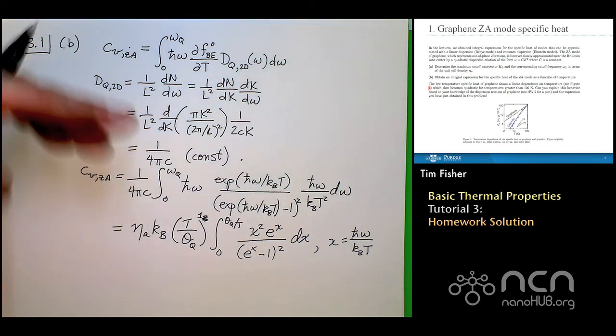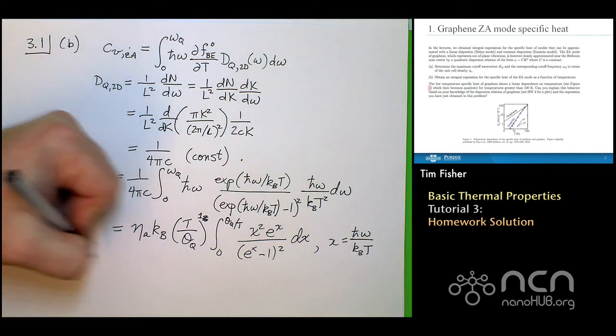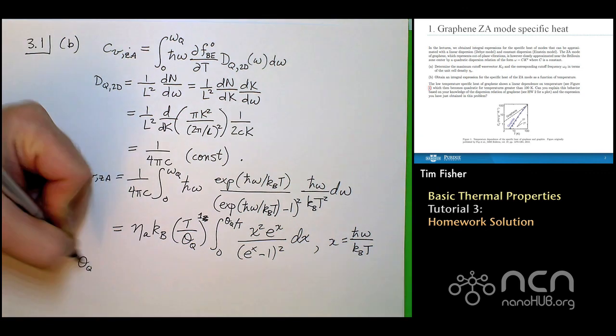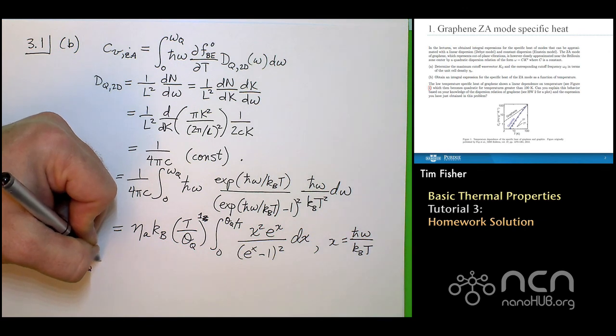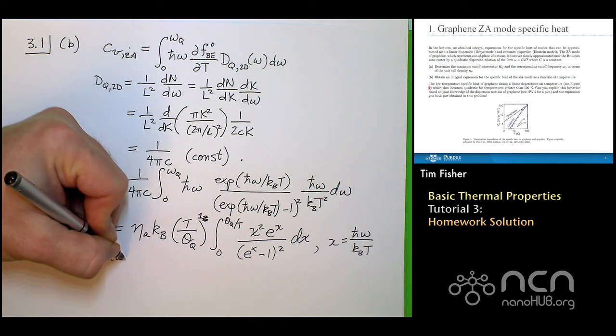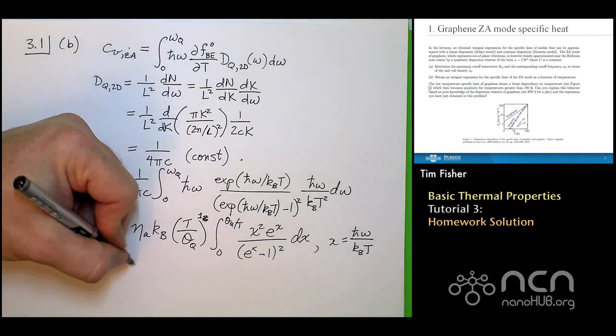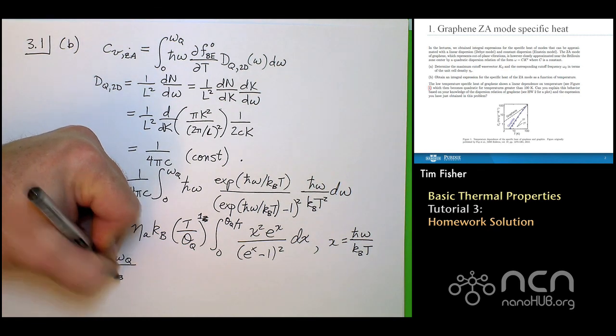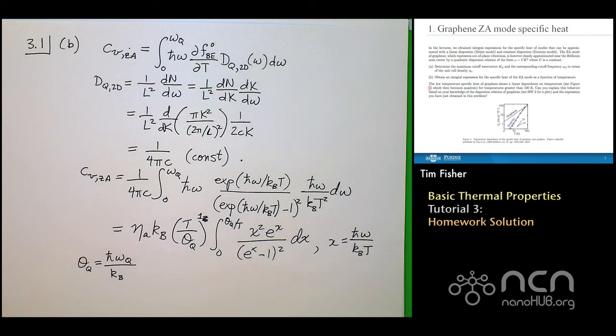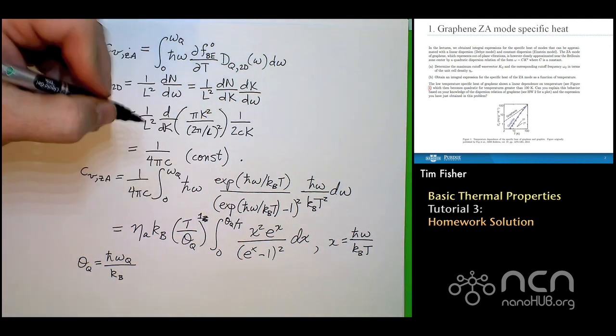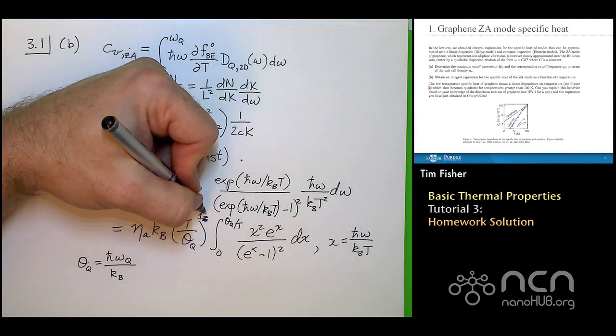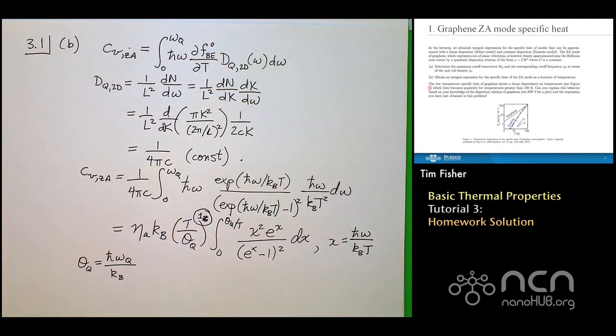But what we find is that here the definition of this kind of special Debye temperature is h bar times the cutoff frequency divided by Boltzmann's constant. What we find is that for this type of branch, the specific heat is linearly proportional to temperature, whereas when we had linear dispersion, that was a factor of 2.